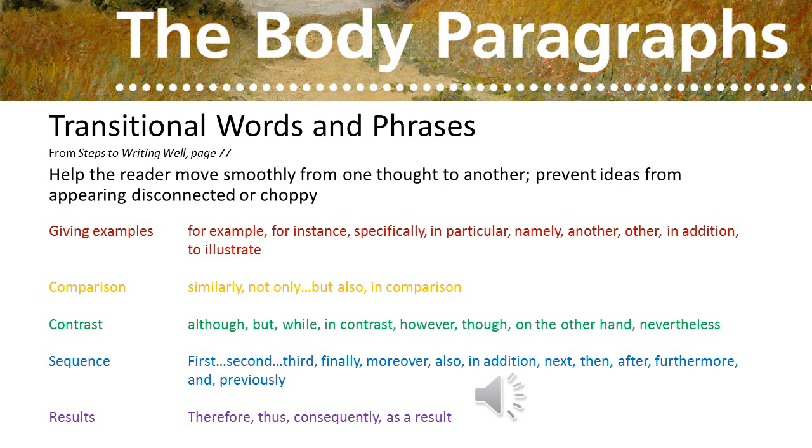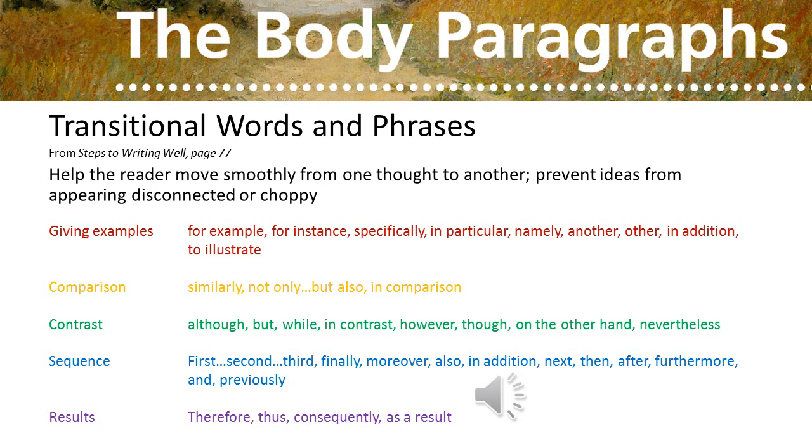You can find this information on page 77 of Steps to Writing Well. Again, as I've mentioned before, the transitional words or phrases help the reader move smoothly from one thought to another, and they prevent ideas from appearing disconnected or choppy. And again, I will show you a paragraph without transitions and a paragraph with transitions.